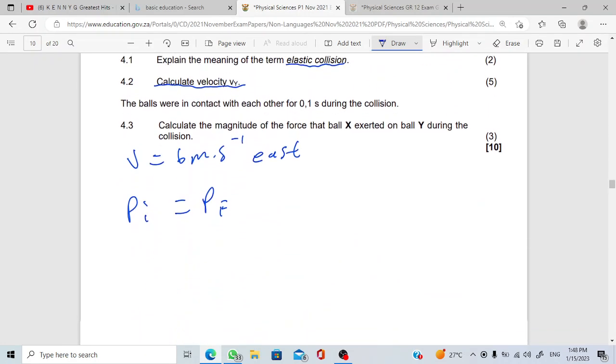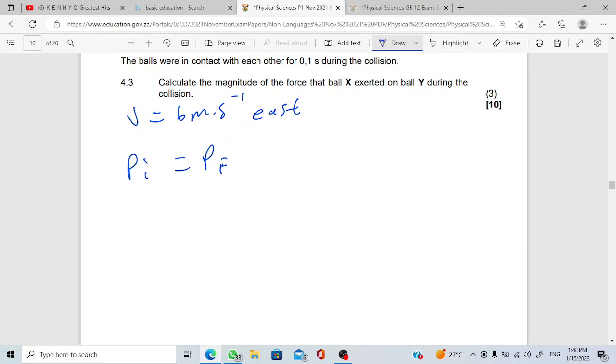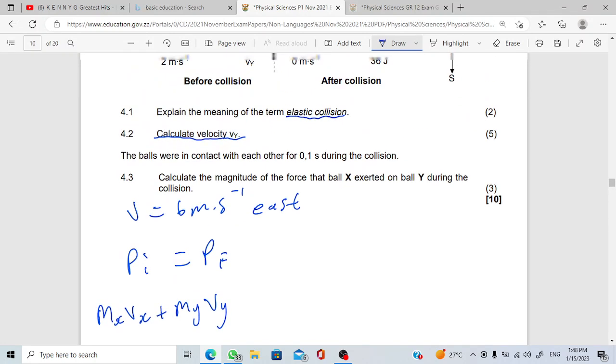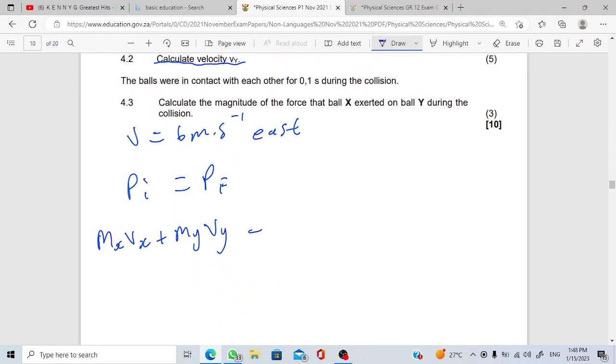You have ball X and Y. So you are going to have mass X, Vx, plus mass Y, Vy, and Vy is what we are looking for, which is equal to all these.